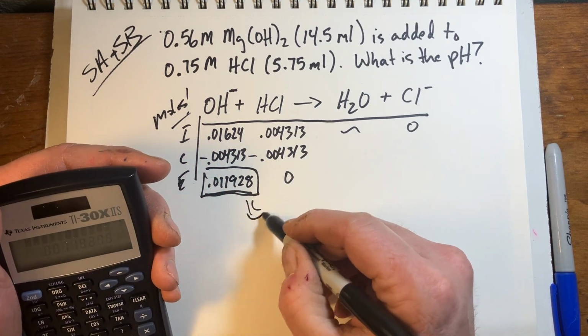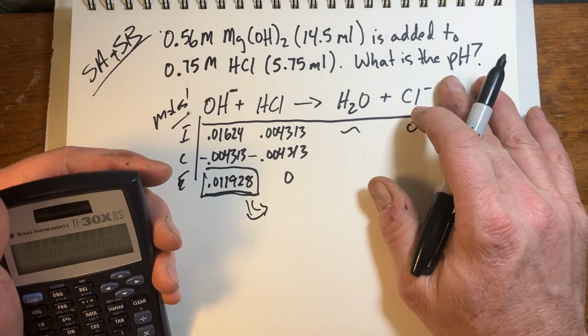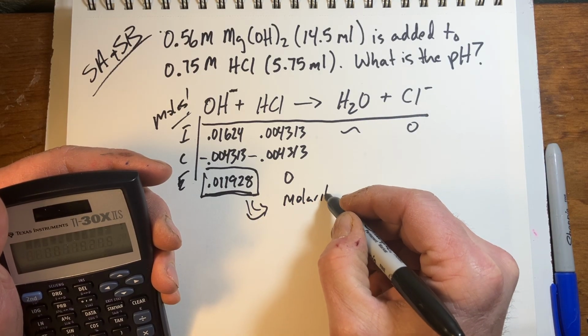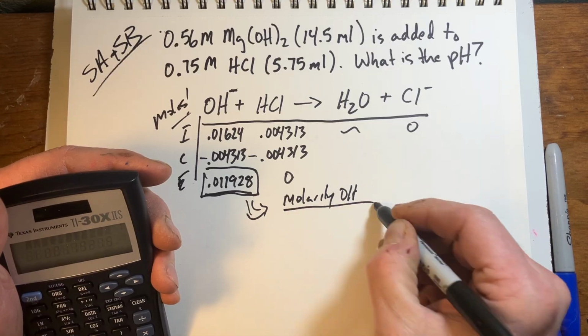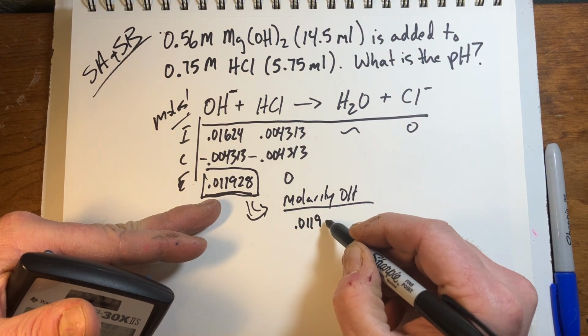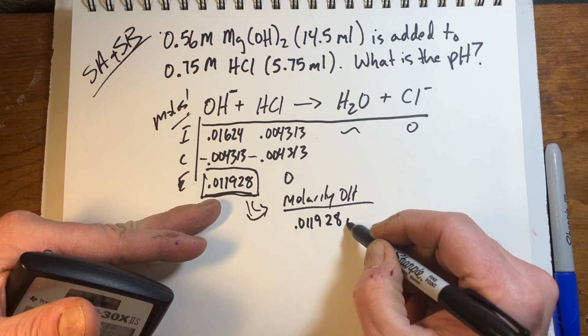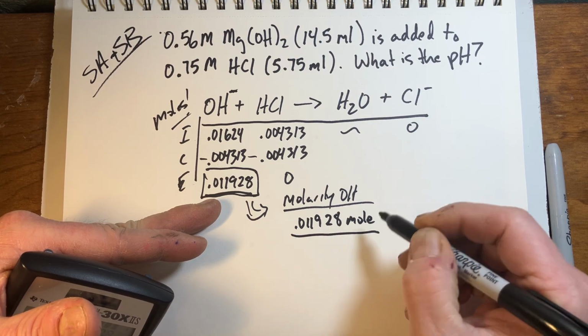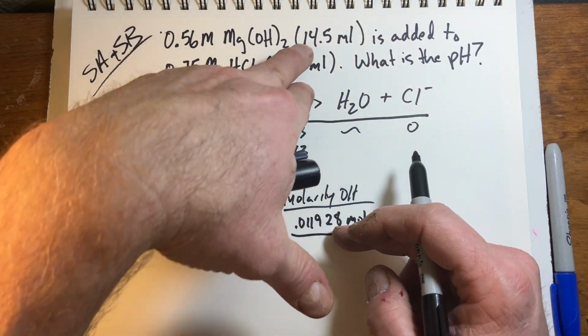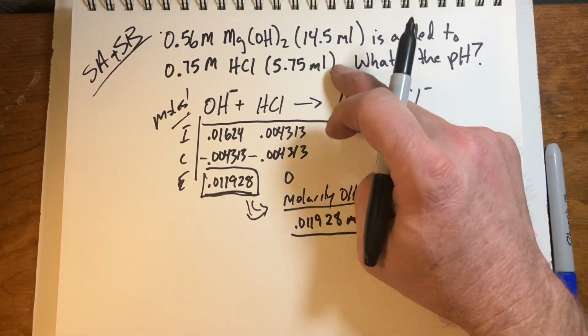So now we need to move to, how do we get to pH? Well, we're going to go first to molarity of our OH, and how to do that is we have to take the mole amount and divide it by the volume. So we can say, hey, that mole amount, we know it came through this addition of two solutions. We're going to divide it by the total volume here that we have.